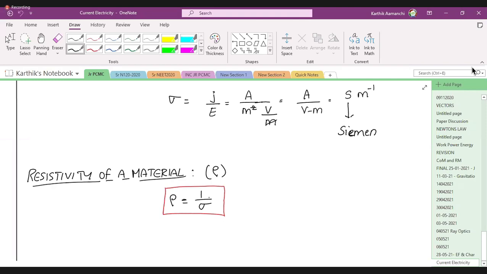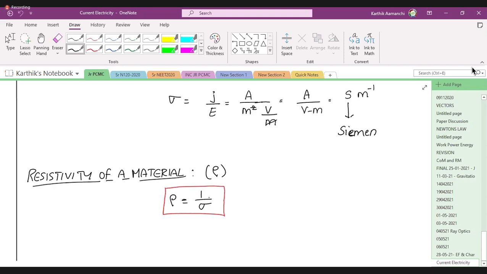So the resistivity of a material is defined as the inverse or reciprocal of conductivity, or the resistance offered by the body towards the flow of charge through it. Now can anybody tell me what the units of resistivity are?